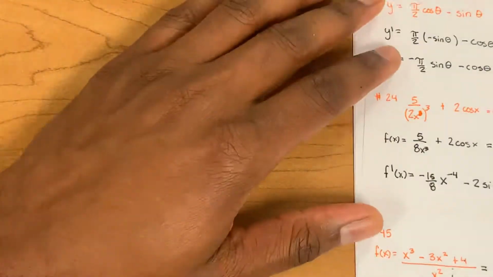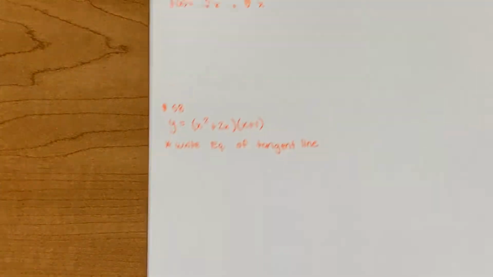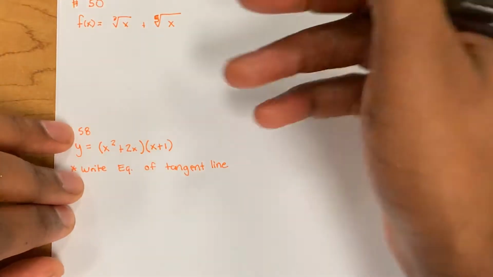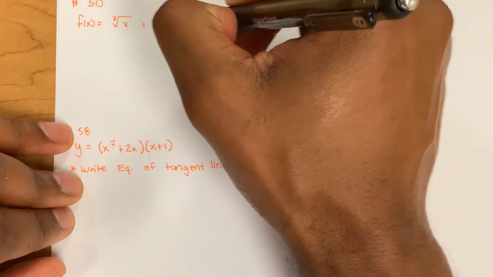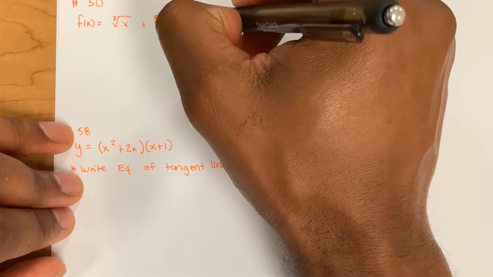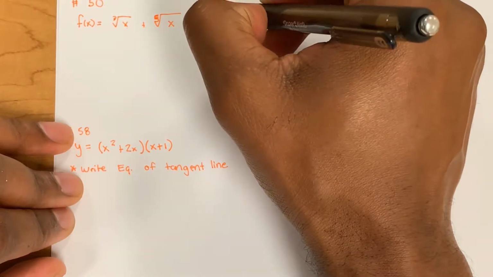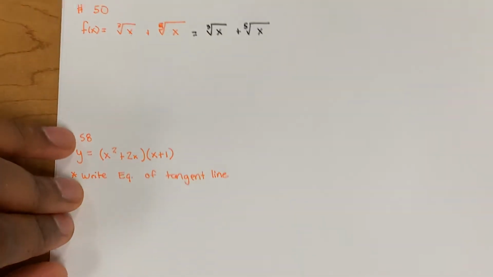All right, so moving ahead in our examples. We come across this cube root of x and the fifth root of x. In case that's not clear, I can do some better handwriting. This is the cube root of x plus the fifth root of x.